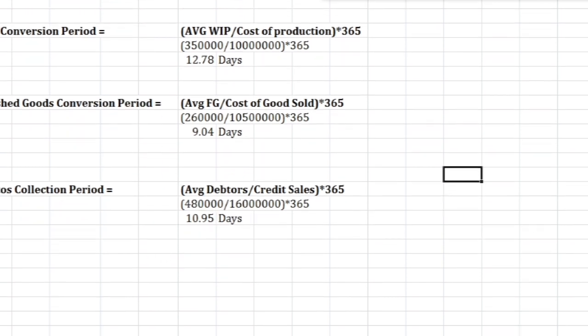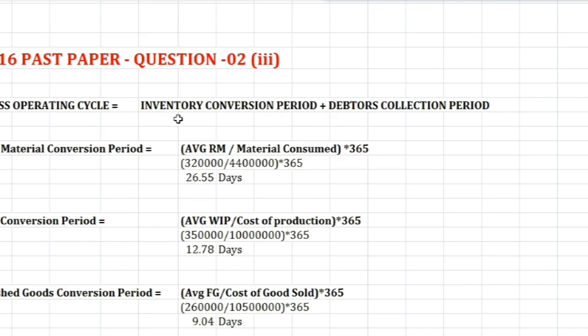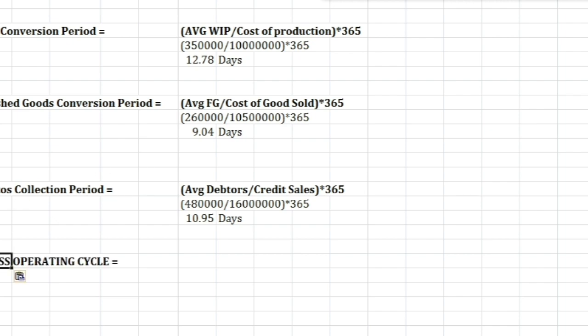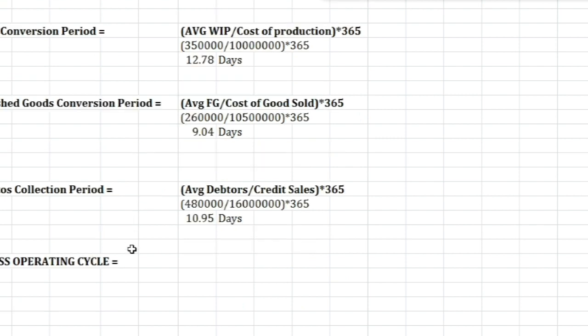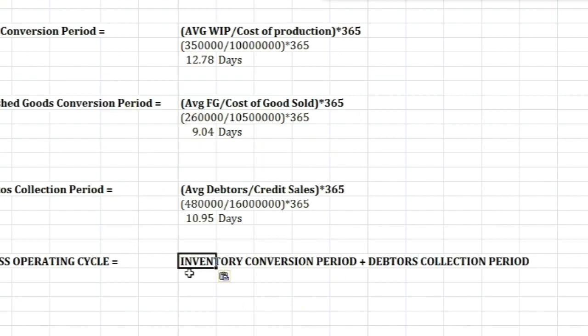Accordingly, now we can calculate the gross operating cycle. The equation for the gross operating cycle: inventory conversion period plus debtors collection period.